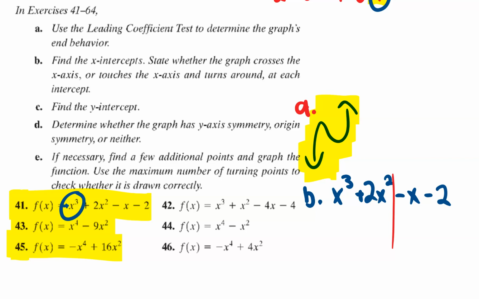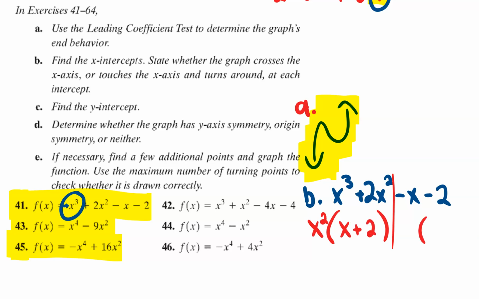Some people use parentheses to kind of group them ahead of time. All right, and then I look just at the first 2 terms and find the GCF between those 2. The GCF is going to be x squared. When I factor out a GCF, I'm left with x plus 2.